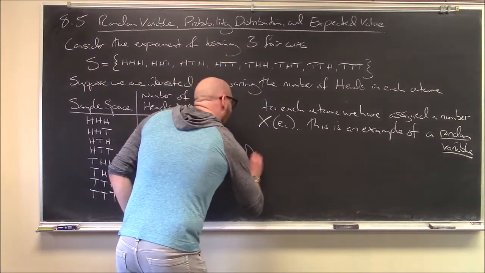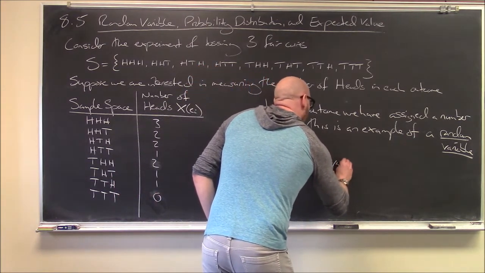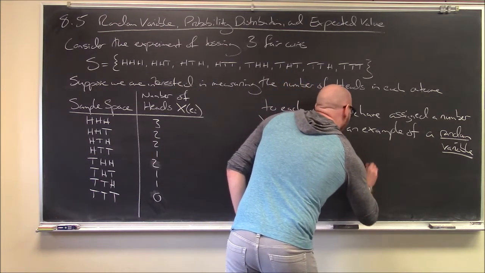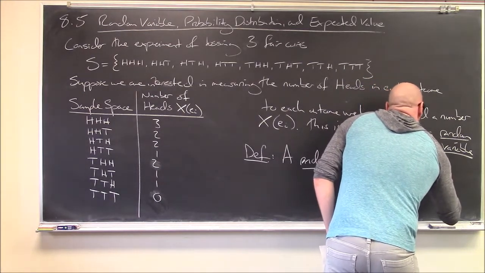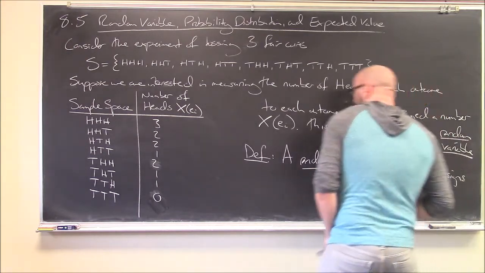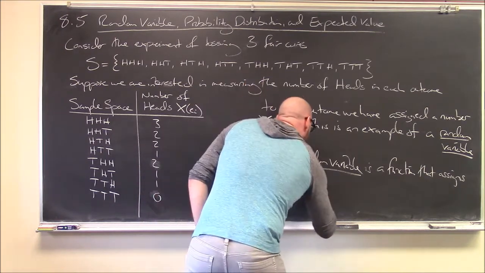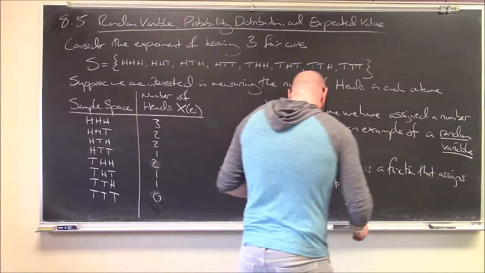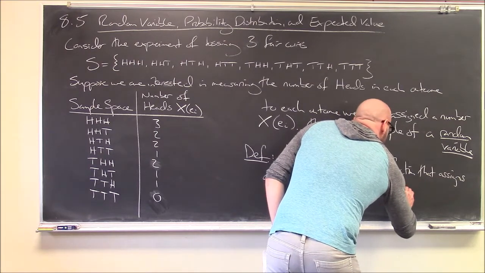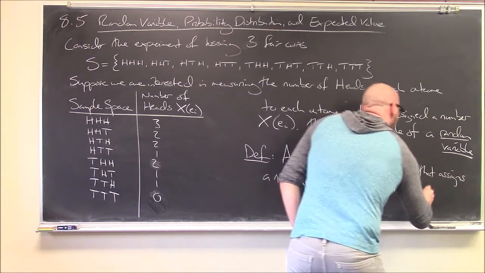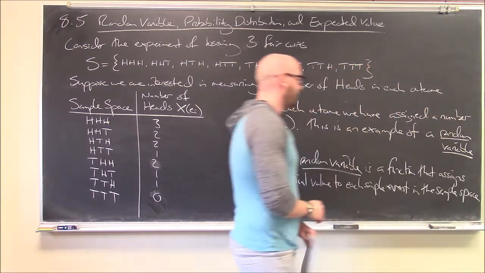So let me formally define this. Definition: a random variable is a function that assigns a numerical value to each simple event in the sample space.